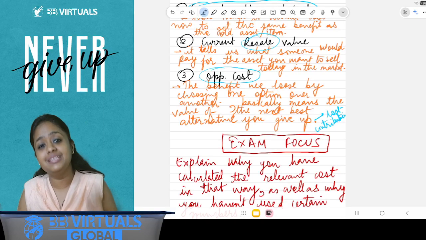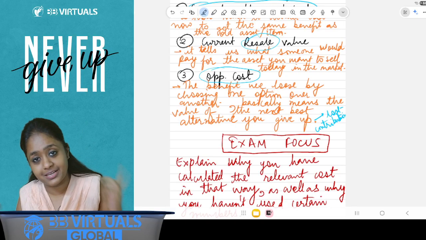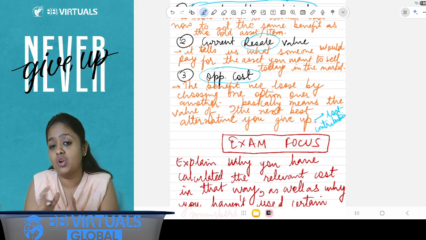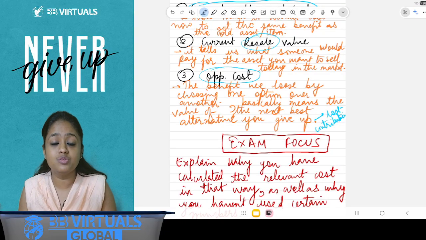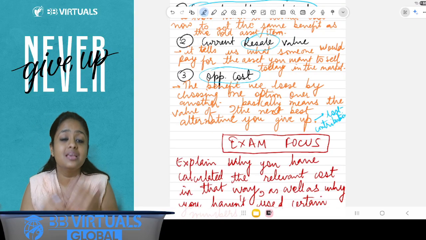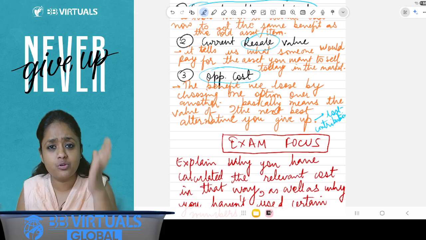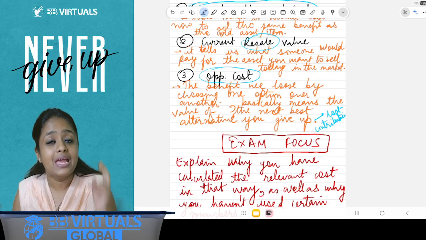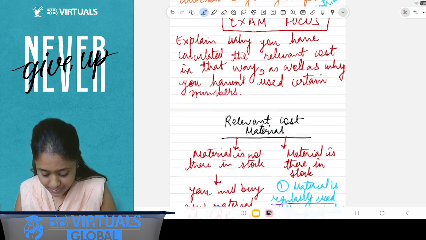That is my current resale value. That is, the value at which you can currently resell your material, which you are losing because you're using it in other processes. I hope it is absolutely crystal clear to all of you. Let's go to the third one, opportunity cost, already discussed.